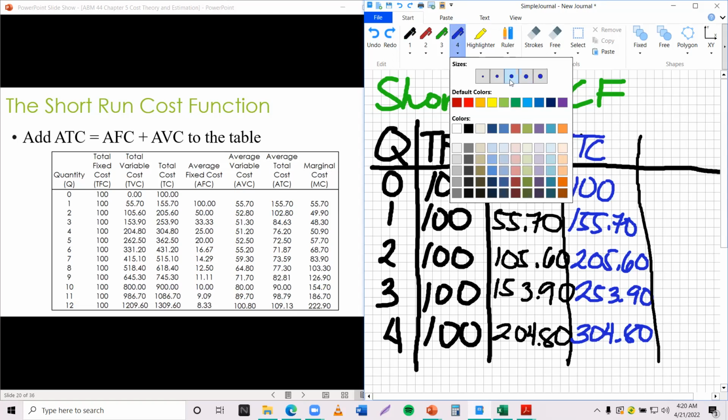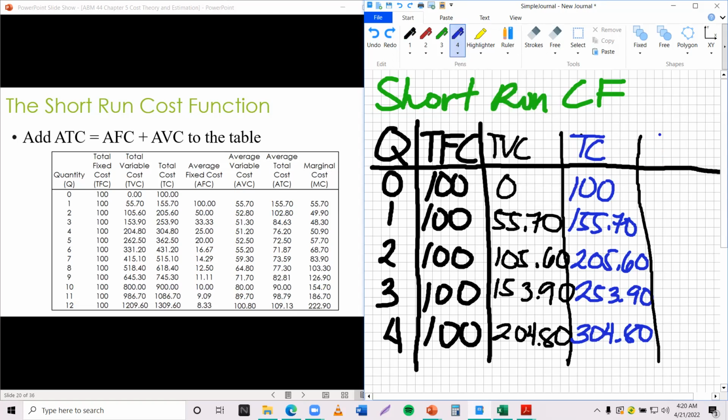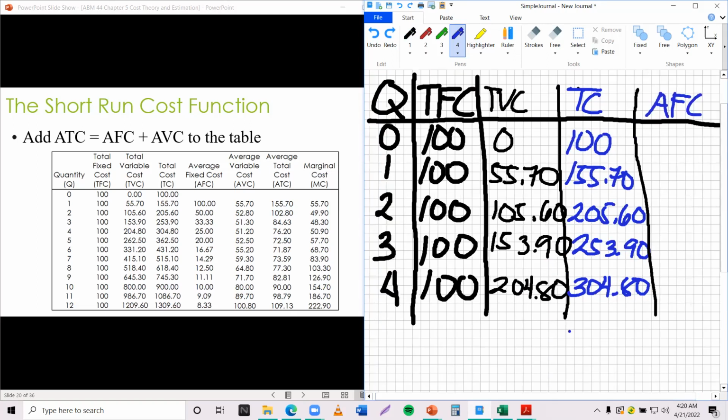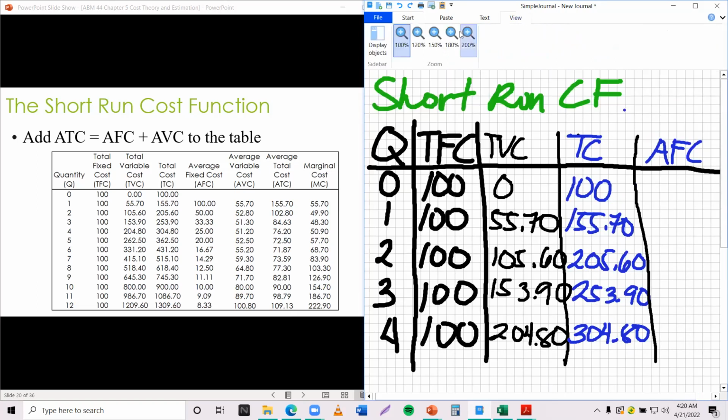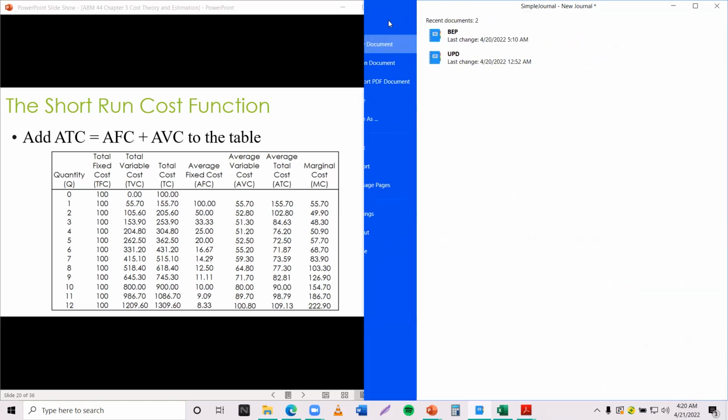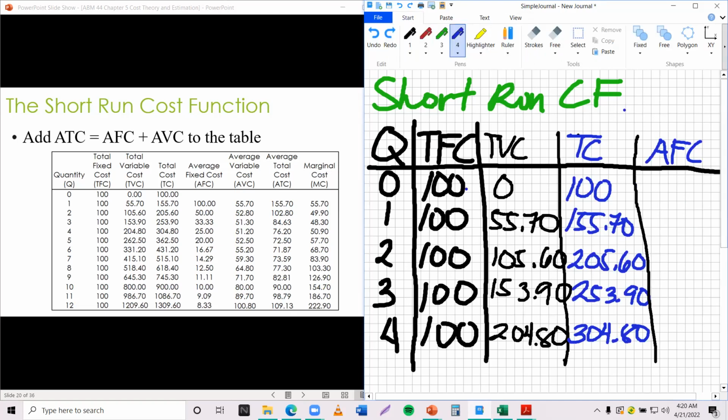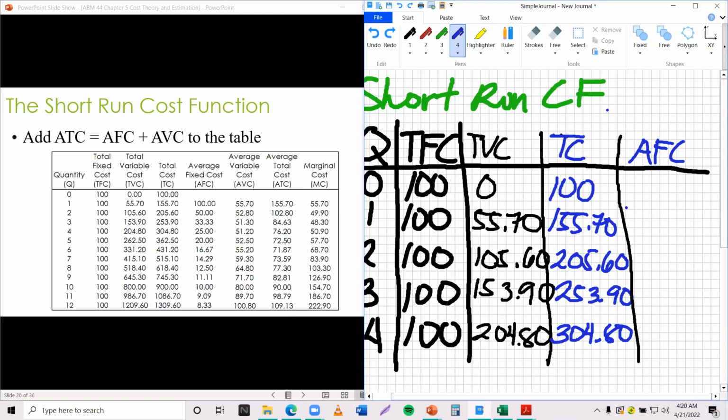Next would be our average fixed cost. How do we get the average fixed cost? Let's try to solve for it. The formula for average fixed cost is TFC, total fixed cost, divided by quantity.